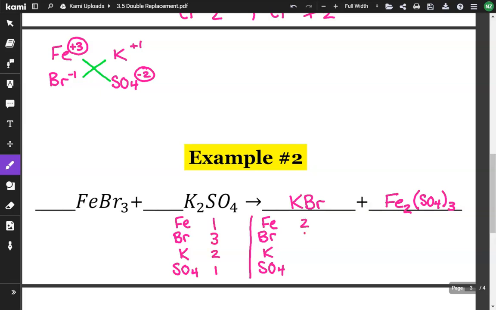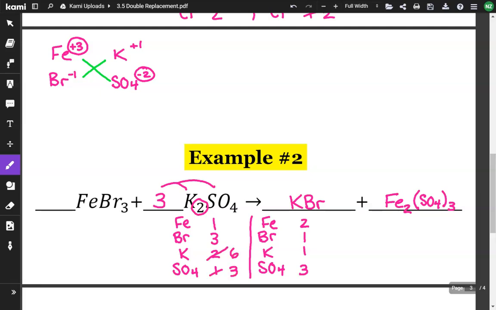Okay. Well, we might have to go back and forth on this one a few times. So let's start from the bottom up. So let's get my sulfate to 3. So let's put a 3 here. That 3 goes to the potassium and the sulfate. 3 times 2 makes this a 6.